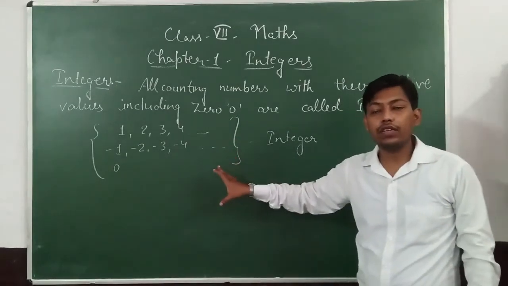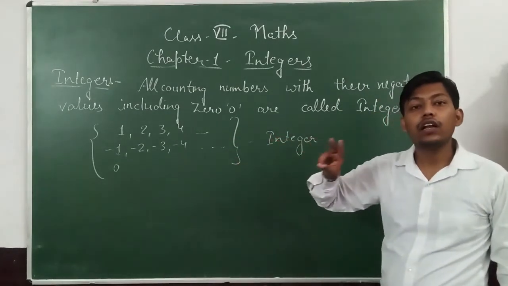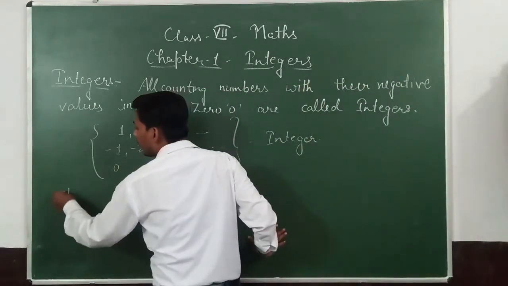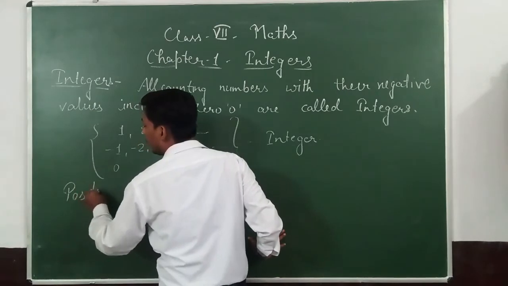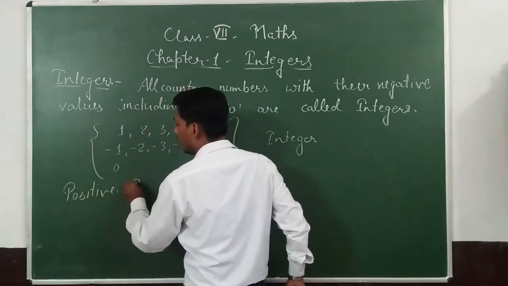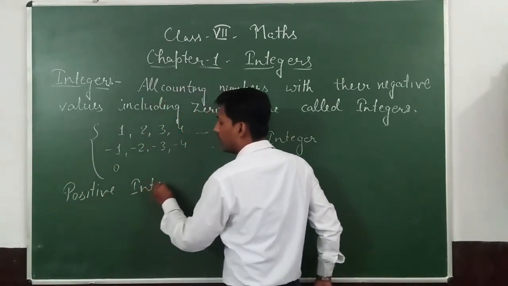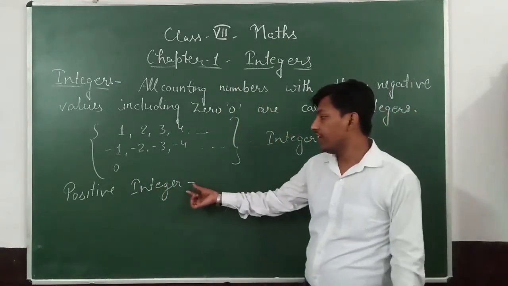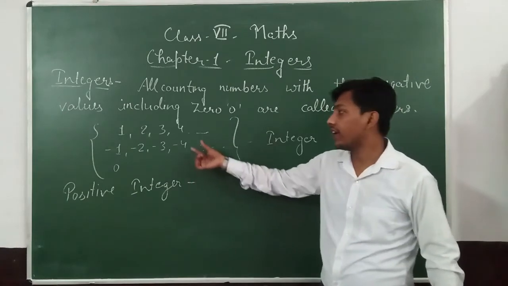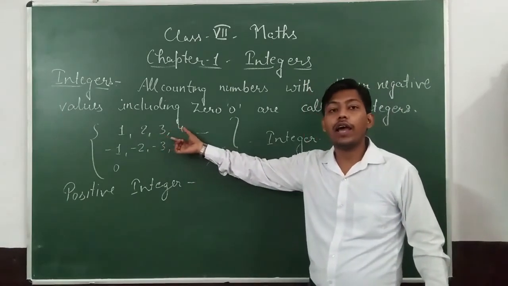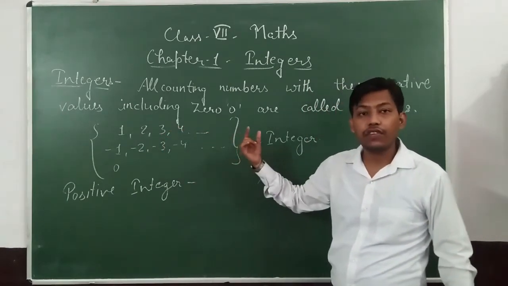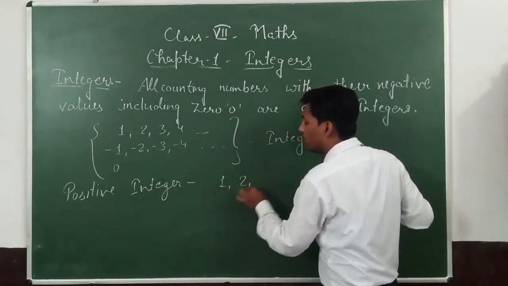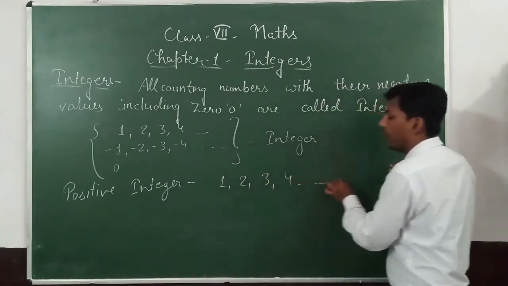Now, types of integers. How many types of integers are there? There are two types. First, positive integers. Positive integers are those integers which have a positive sign or lie on the right side of the number line, like 1, 2, 3, 4 and so on.